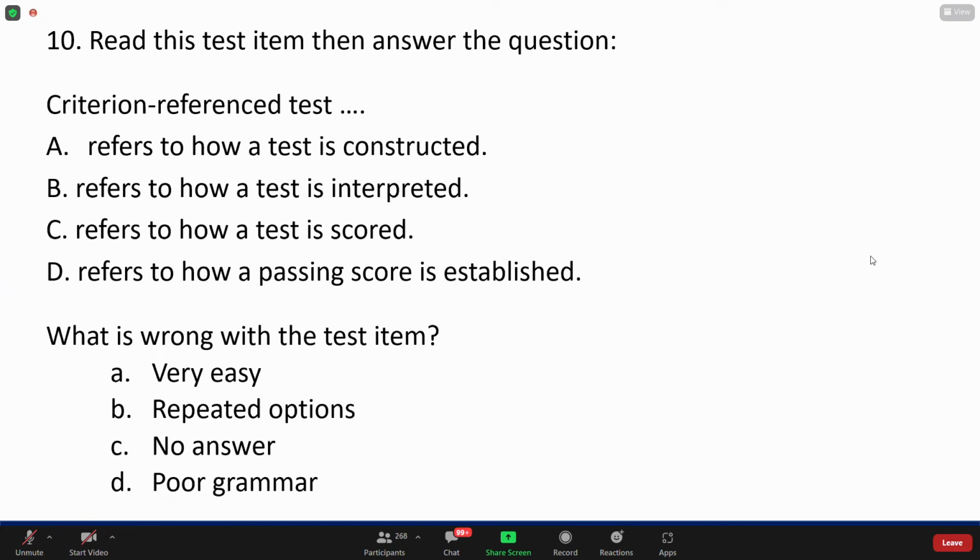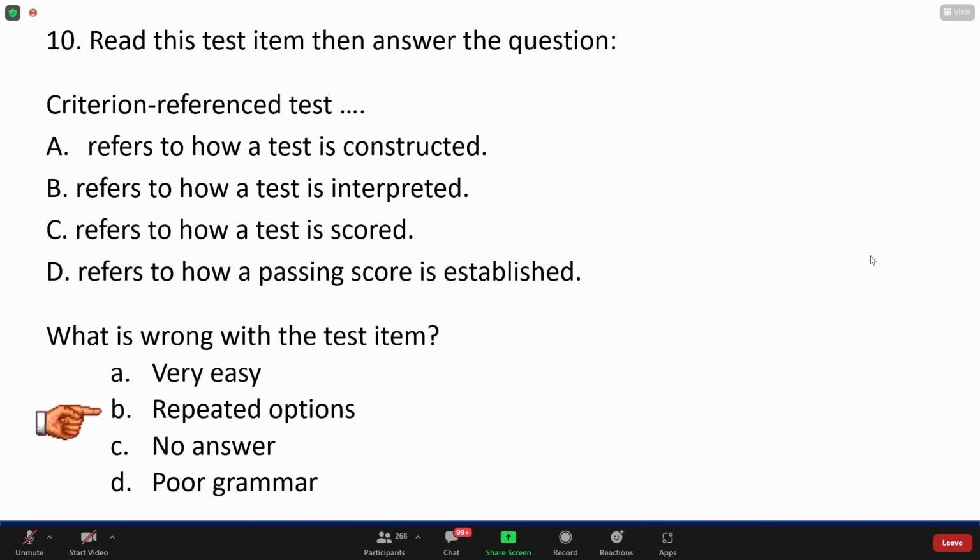So let's do some sense of elimination. So among the 4 choices, ang una natin pwedeng i-eliminate will be the poor grammar because okay naman yung grammar. And then yung no answer because obviously there is an answer. So we're down to 2 choices. Very easy, repeated options. So actually, the answer is repeated options. Na-repeat ang alin?